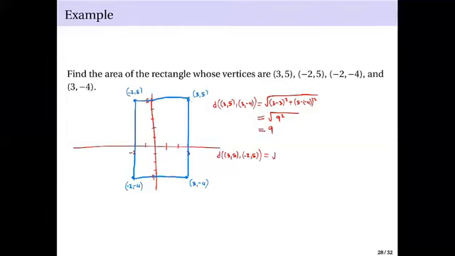So here we will have the square root of (-2 minus 3) squared plus your (5 minus 5) squared. So in here you have the square root, and again you have 5 minus 5 here. Let's just throw it out.